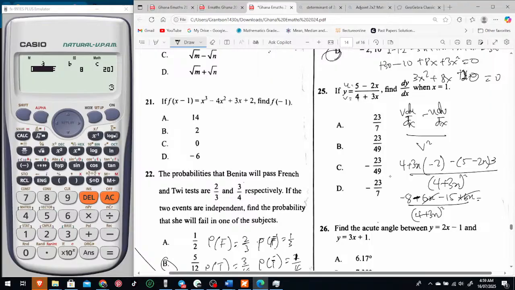So negative 8 minus 15 is negative 23, over 4 plus 3, and the x is 1, so squared. So negative 23 over 4 plus 3 is 7, 7 squared is 49. So it's C. Please, are we okay?